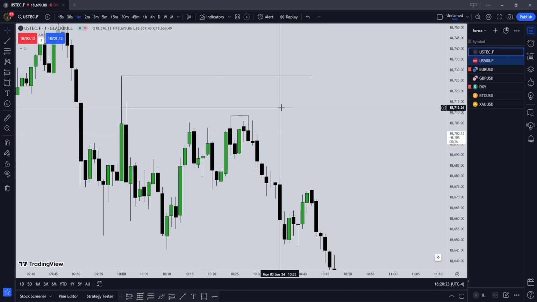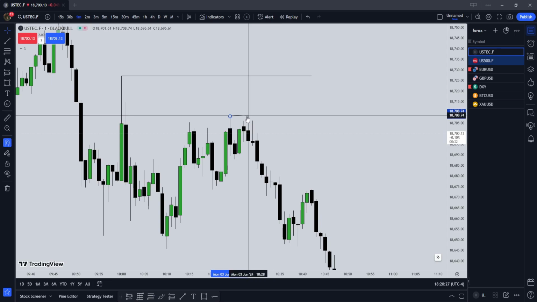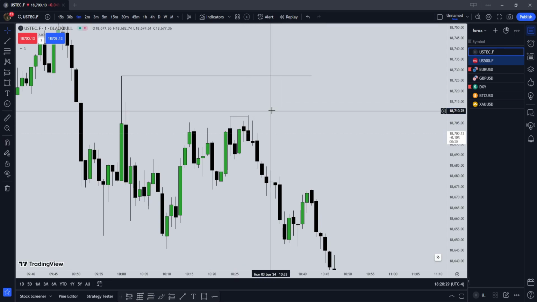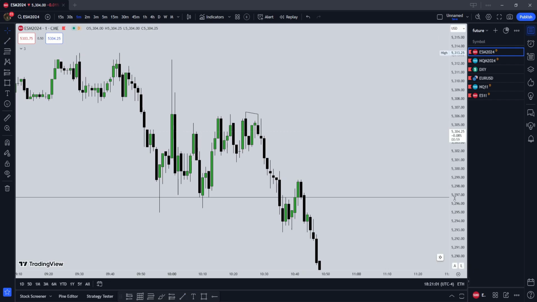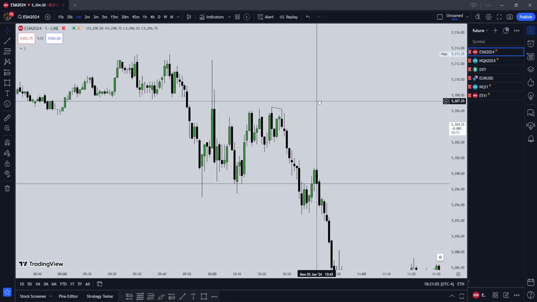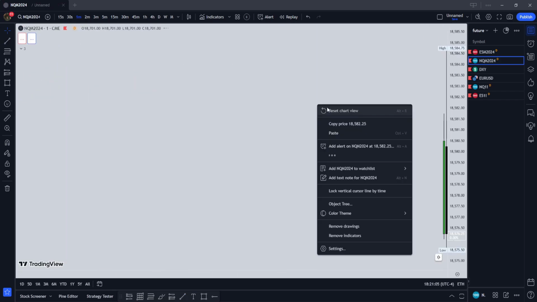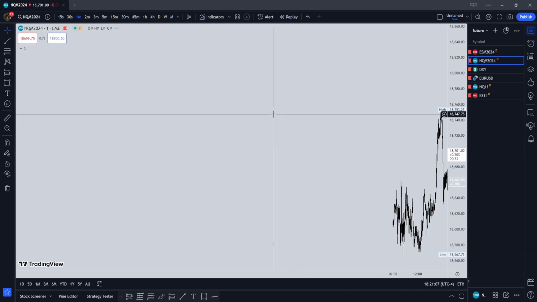And as I said, we need a high probability turtle soup setup, right? So as you can see, we had an SMT here. NQ took out this high and then dropped down, but ES actually failed to take that high out. And watch, if you entered, let's go on the NQ chart.